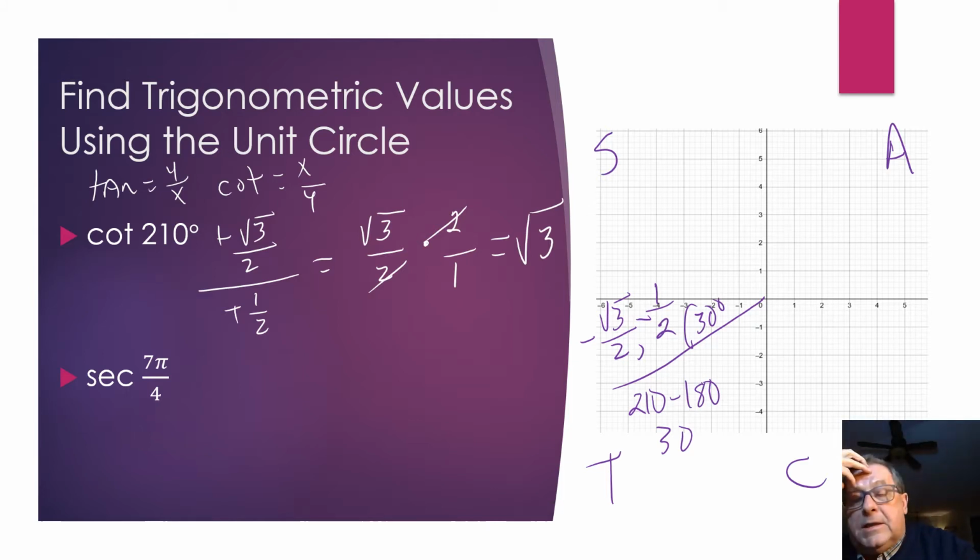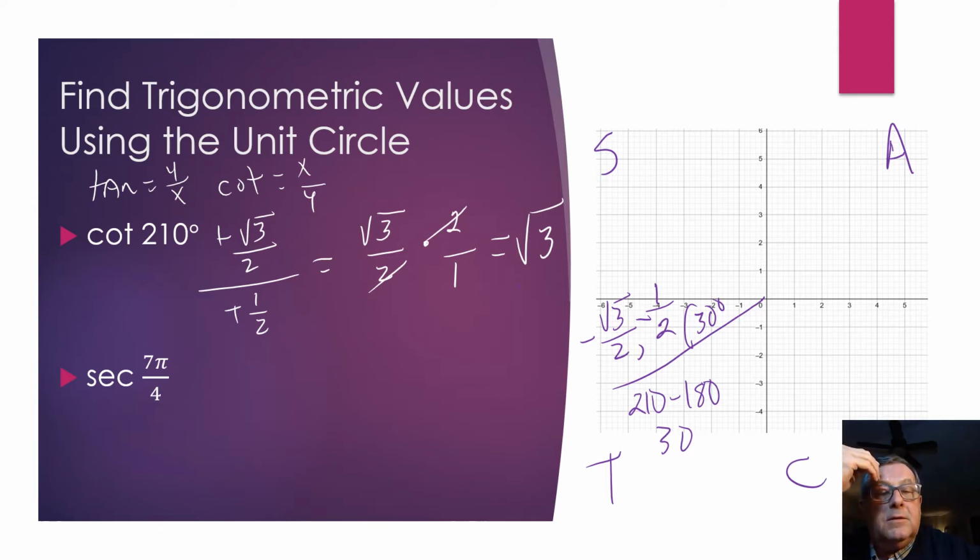All right, well, now let's look here at the secant. Okay, that's the inverse cosine function. 7 pi over 4. Let's figure out where it is. Well, 8 pi over 4 would be 2 pi.